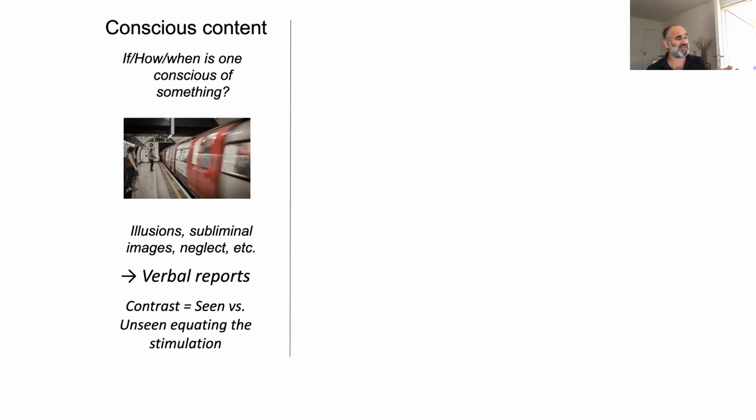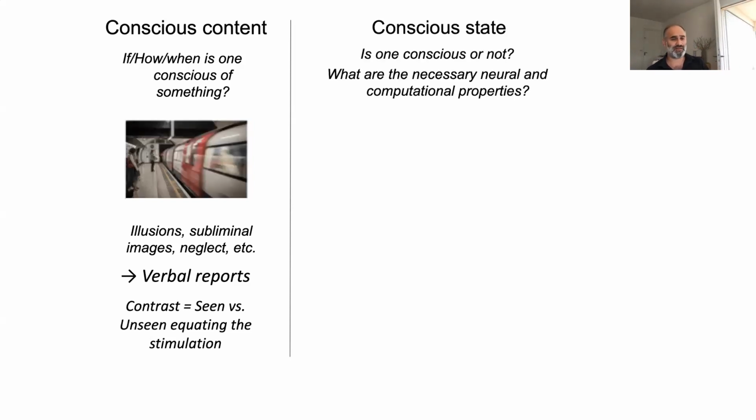You could see here the train either going in or outside the station, and I could measure in your brains what's going on when you switch from one to the other, and understand what's related to a particular content. But what I work on the most is the definition of conscious state, and it's related to the system and what are the properties of that system that allow the person to be conscious of the external world independent of the content.